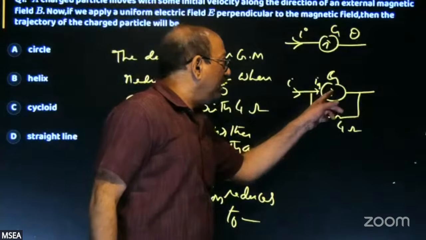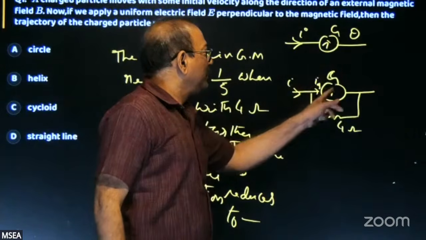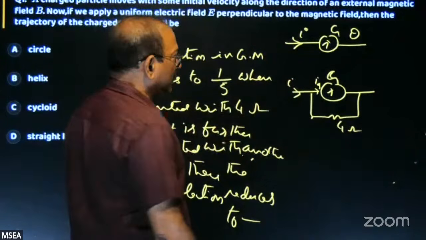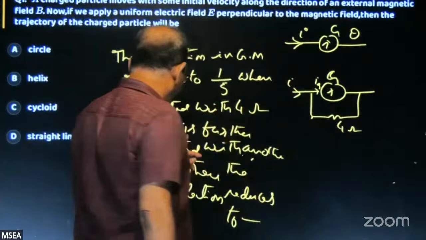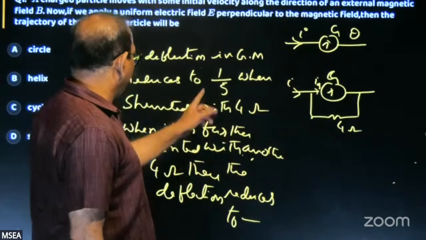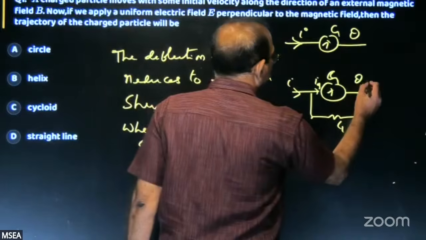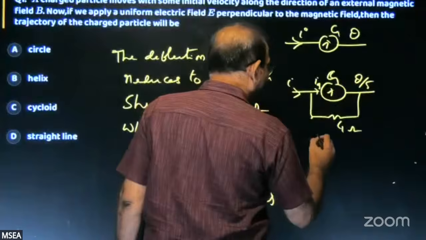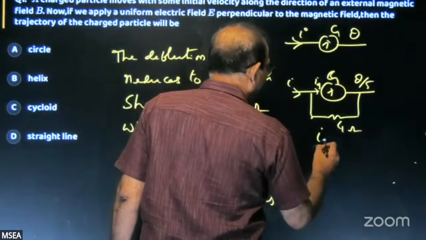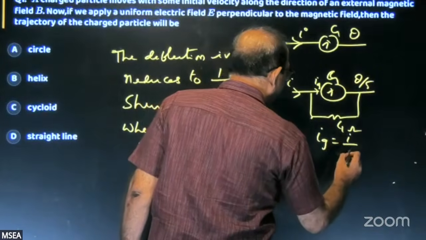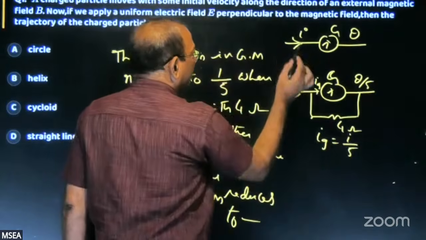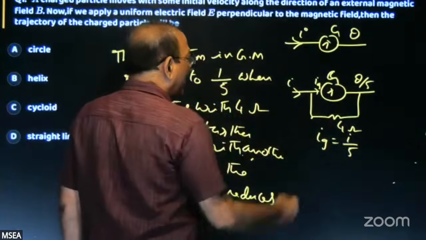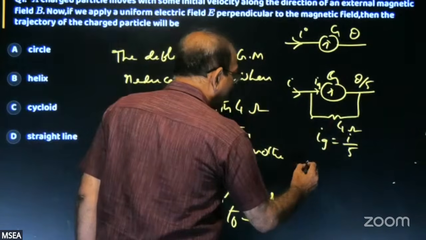Less current flows in the galvanometer than earlier, so the deflection decreases, because theta is proportional to I. The deflection decreased to 1 by 5, meaning theta by 5, because Ig becomes I by 5.